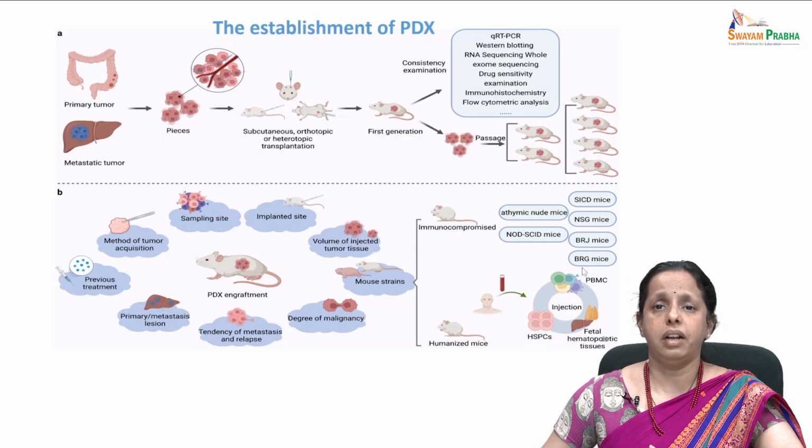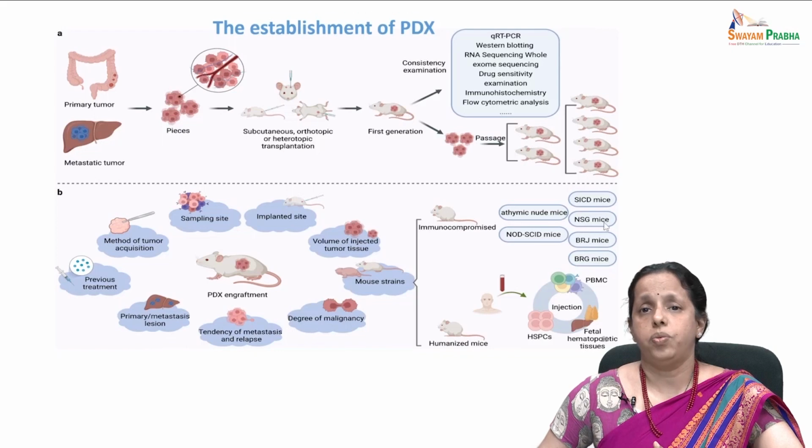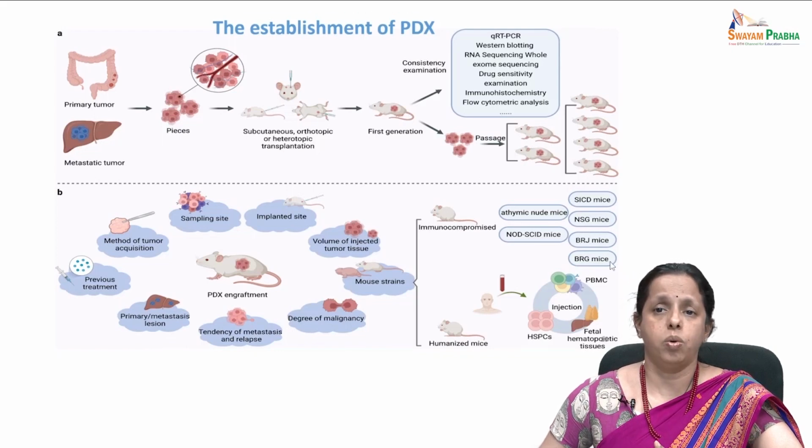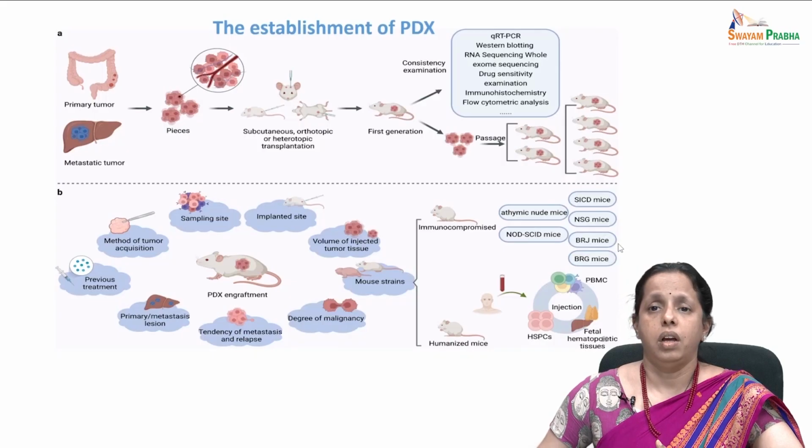And we can clearly see how engraftment efficiencies are higher in more immunocompromised mice. For example, the BRG mice is greater than the NSG mice, and then compared to the NOD SCID or nude mice.